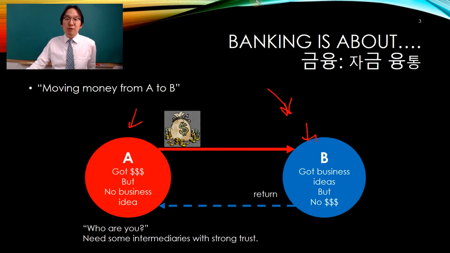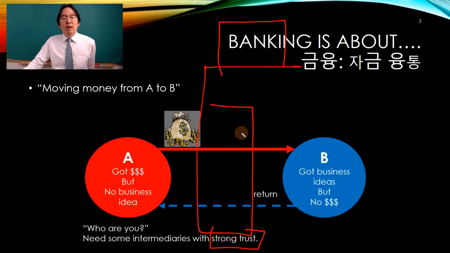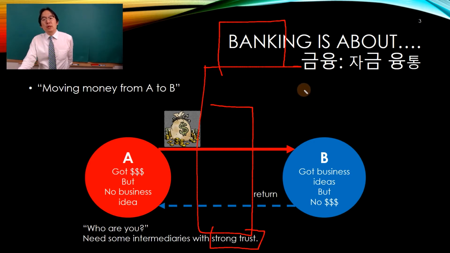So there's a serious trust issue going on between these two guys, right? There we need somebody who is really trustworthy and has a good reputation. That's the strong trust, right? We need an intermediary called bankers, right? Bankers.